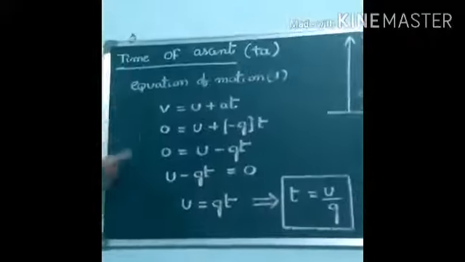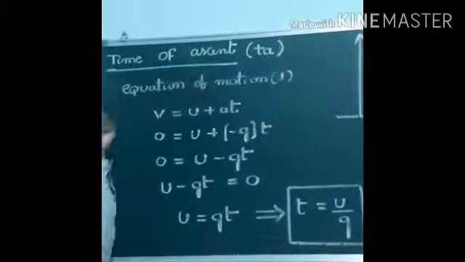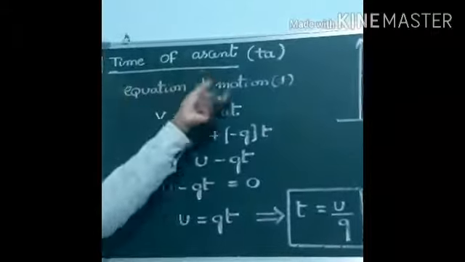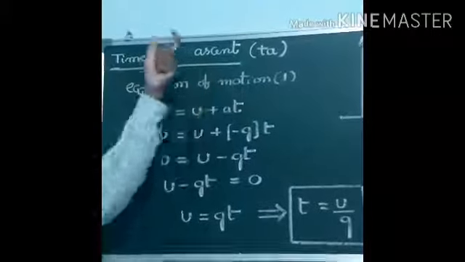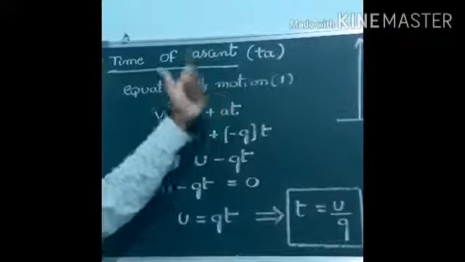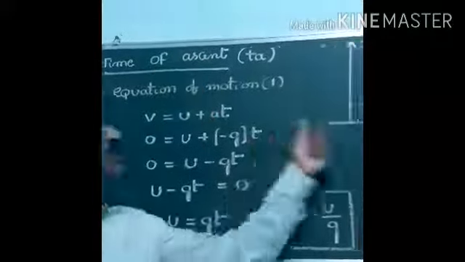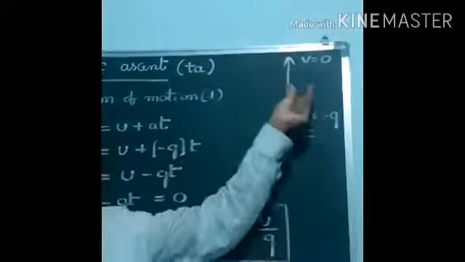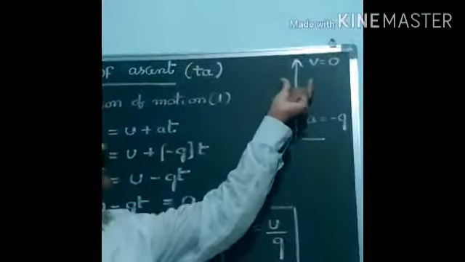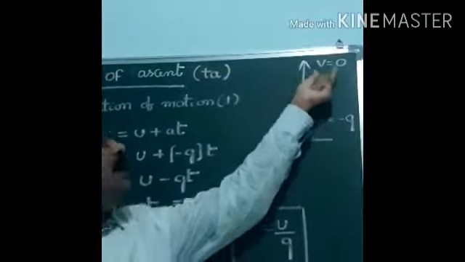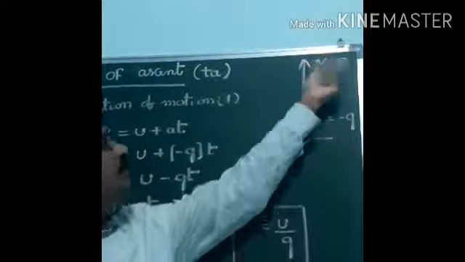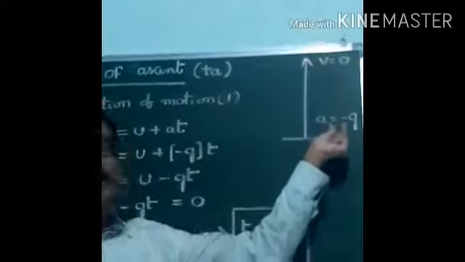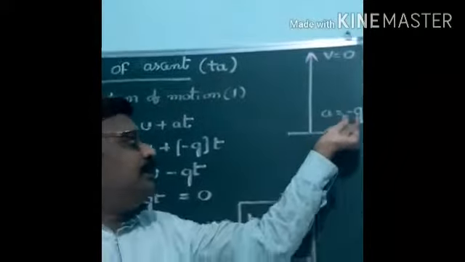Once again I am going to explain. Time of ascent. What is the definition of time of ascent? Time taken by the object to reach maximum height. What conditions are applicable? When it reaches maximum height, final velocity decreases and becomes 0. So V equal to 0 and acceleration due to gravity is negative. Why?